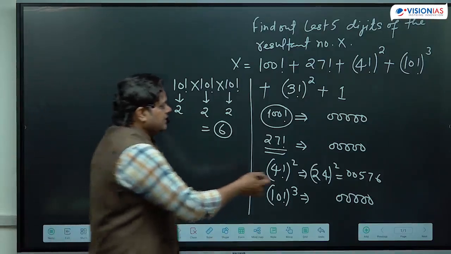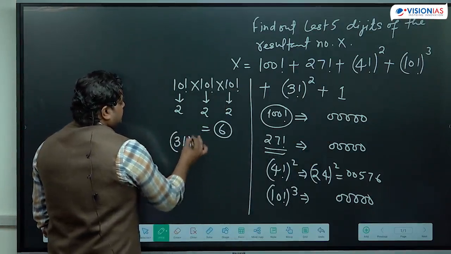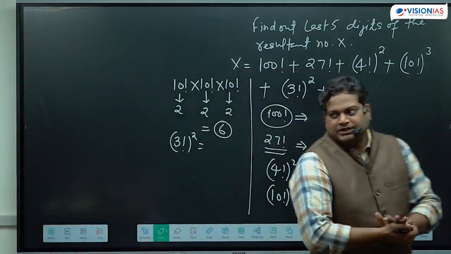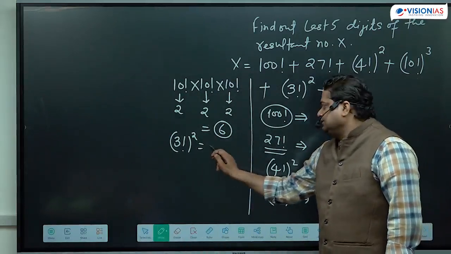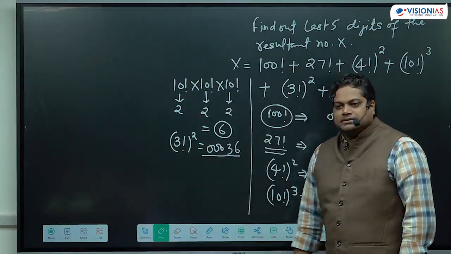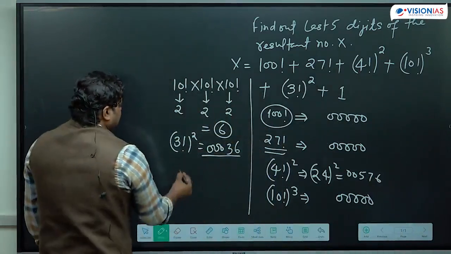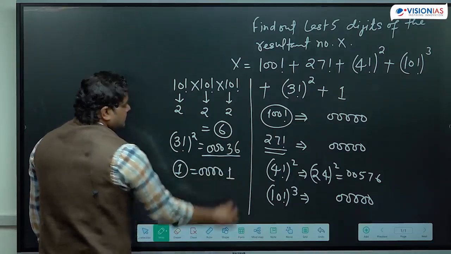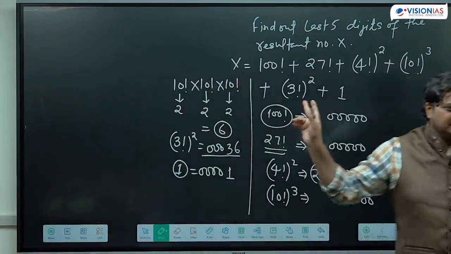Then 3 factorial squared. What will be the value of 3 factorial? 3 into 2 is 6. 6 squared is 36. So the last 5 digits will be this. After that we have 1. So we have calculated the last 5 digits for each term.